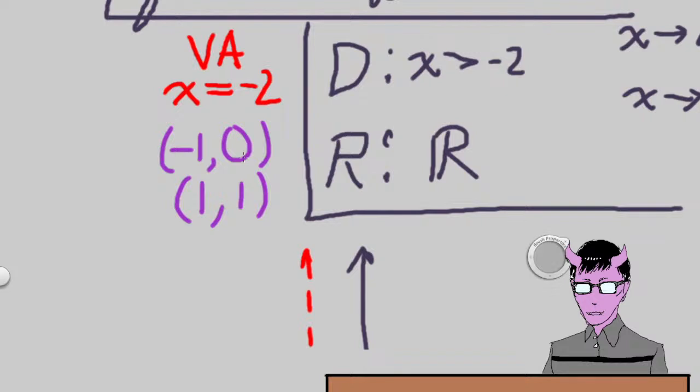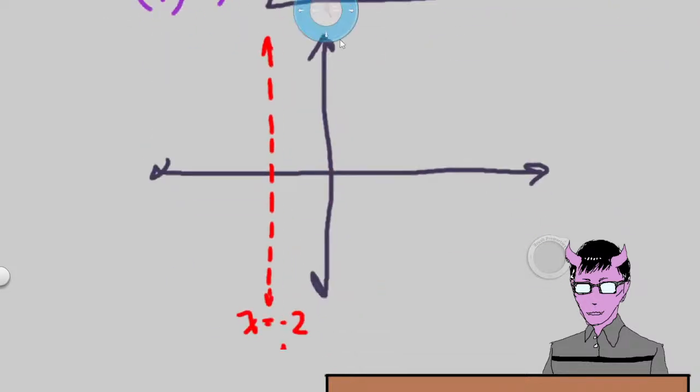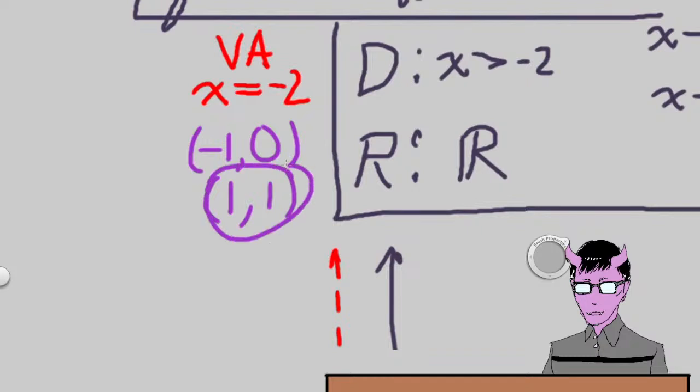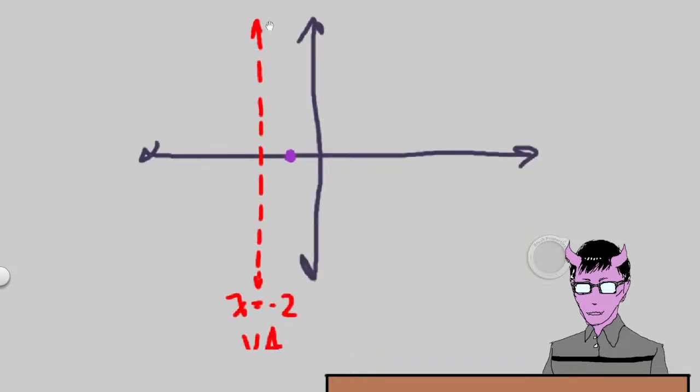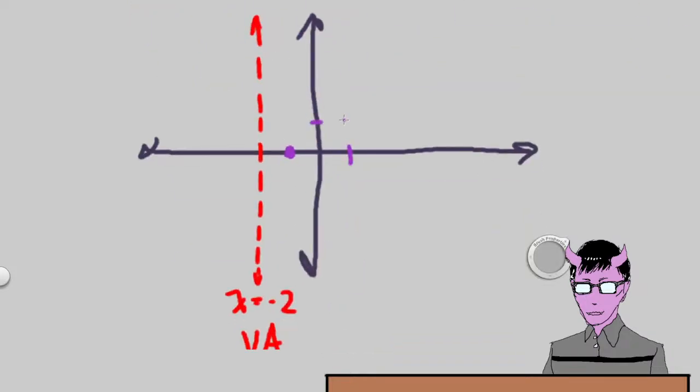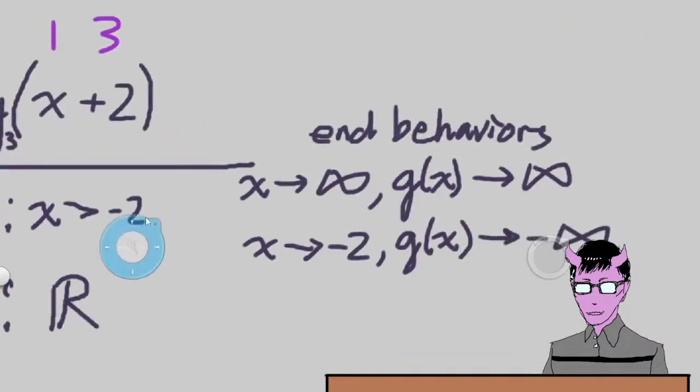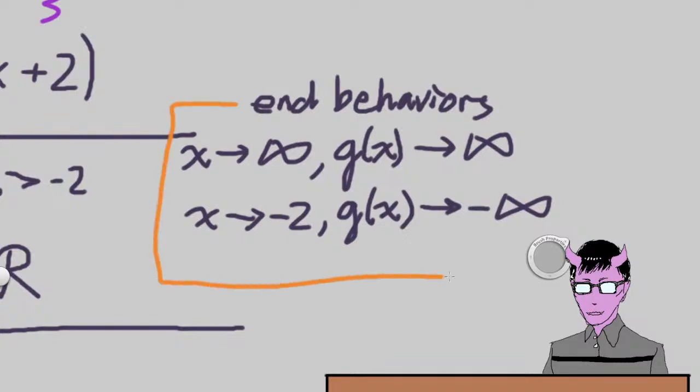And then take our anchor points. We have one at -1, 0. So right there. And then we have another one at 1, 1. And then following the end behaviors. As x grows larger, y values also grow larger.